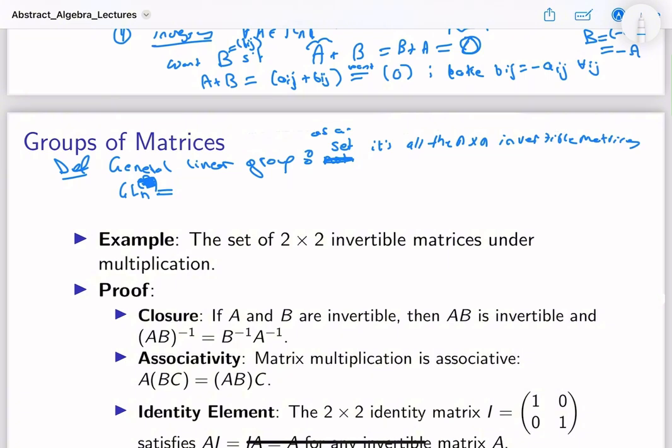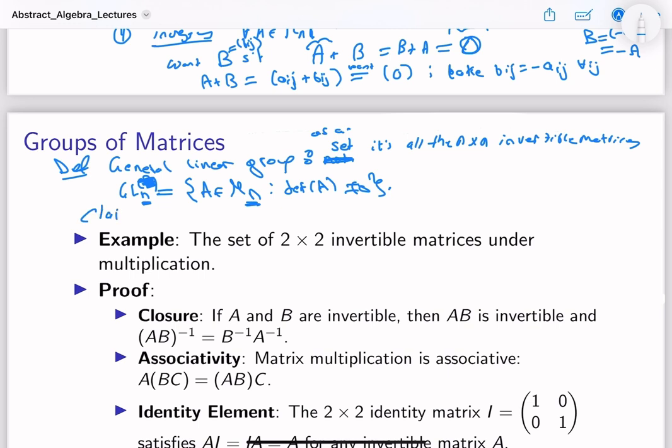So GLn is the set of real n by n matrices A such that we want the determinant of A not to be 0. So this is what the definition is.